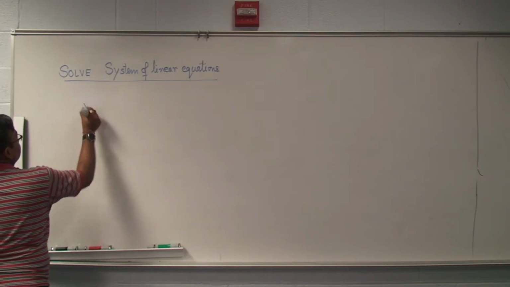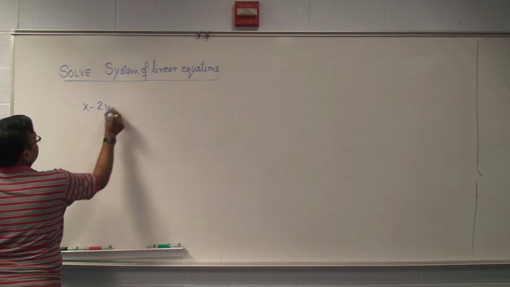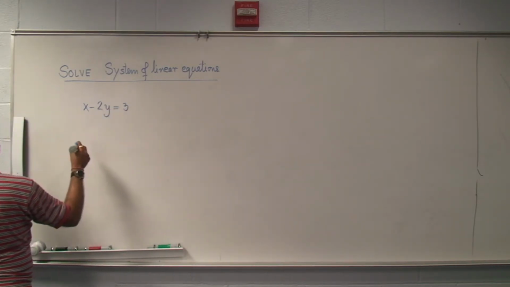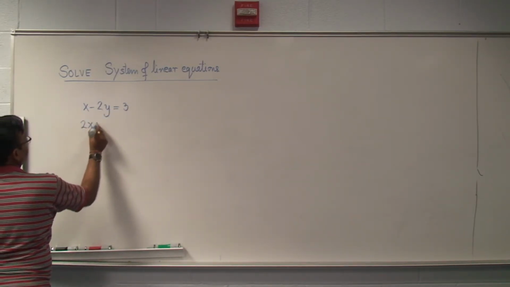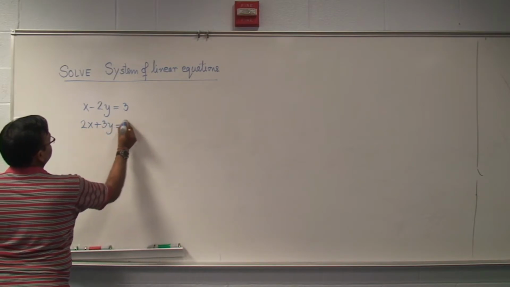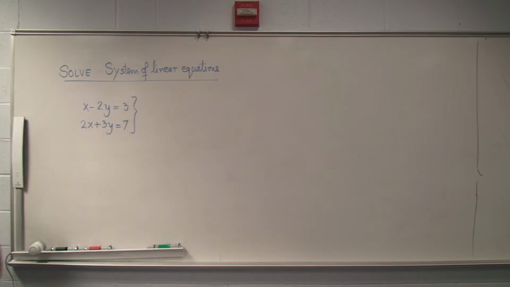Let us consider this system: x minus 2y equals 3, 2x plus 3y equals 7. Of course, we can ask ourselves what space we are working in. Let us say we are working in 2 dimensions. So these are 2 straight lines.